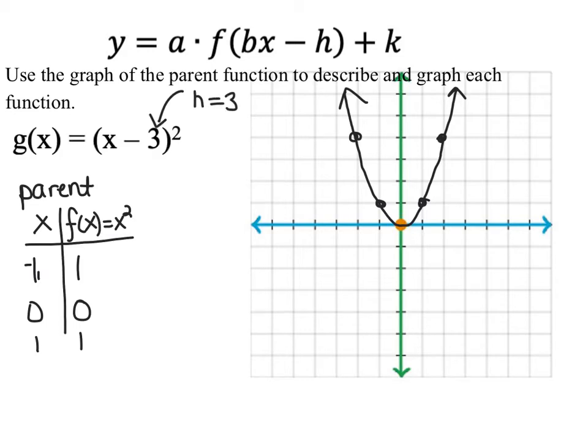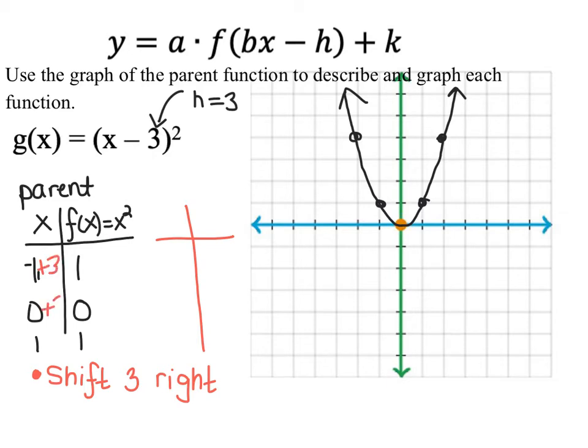Now, h here would be 3. Okay, so something is subtracted from x, which actually moves, it's counterintuitive, to the right because the h value is actually +3. So I'm going to add 3 to each of my x values from before. So my new x values are going to be 2, 3, and 4, and my y values would remain the same for g of x.